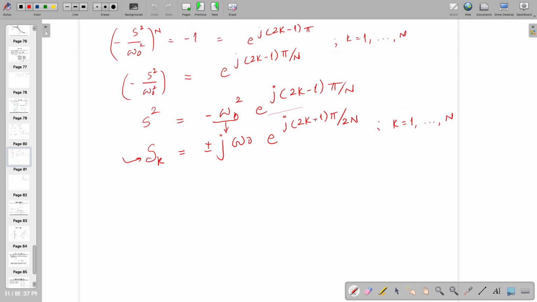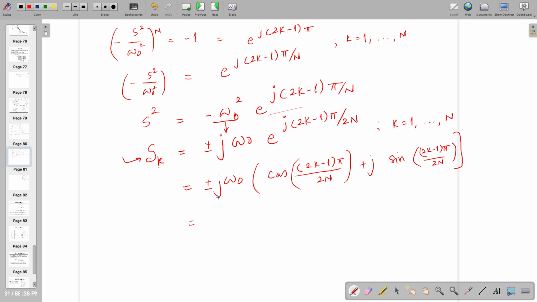Right now it will be an angle, which will have two components, one is sine and one is cos. So can you write this in terms of sine and cos? Yeah, so what is that? Cos (2k minus 1)pi by 2n, then plus j sine (2k minus 1)pi by 2n.